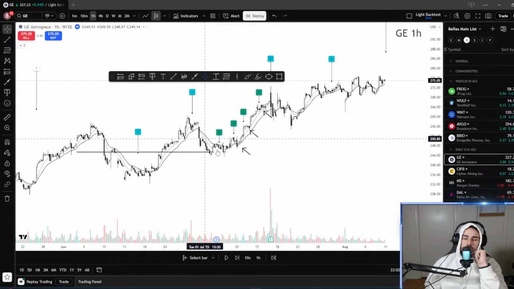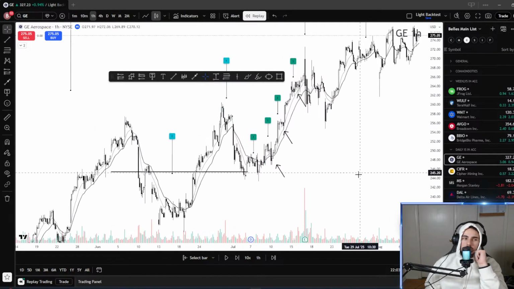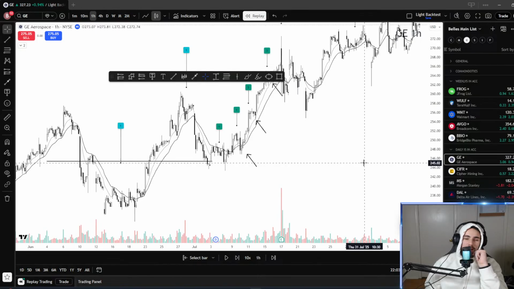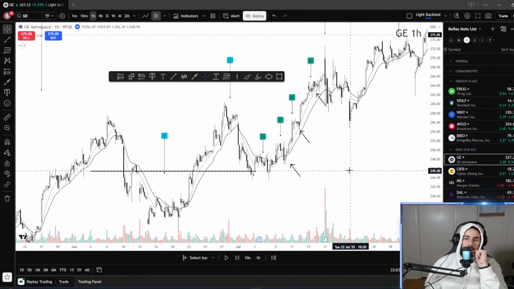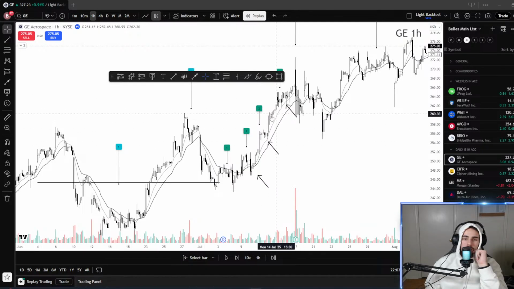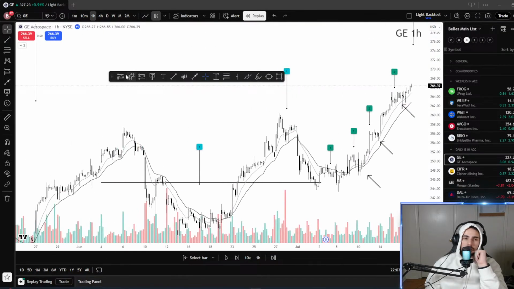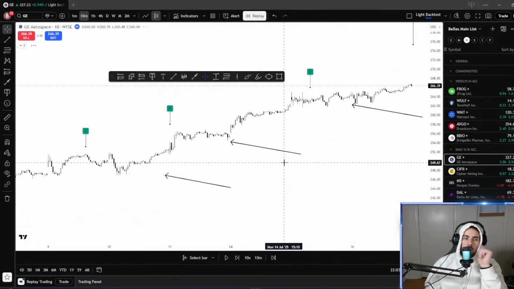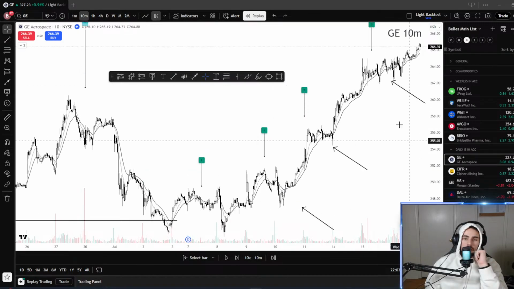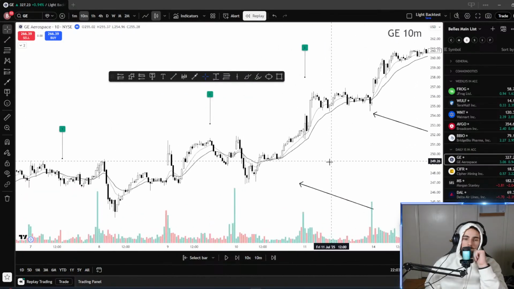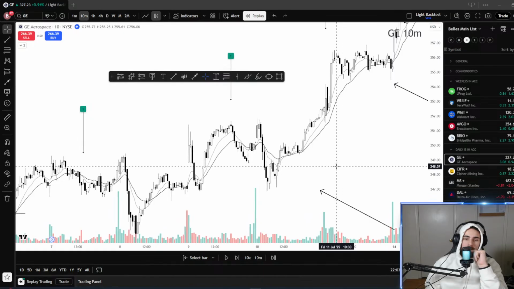Okay, got it. So simply, I'm just going to look if there are entries in these areas here now, before we move on. Winning entries though, those are the only ones I am taking note of.